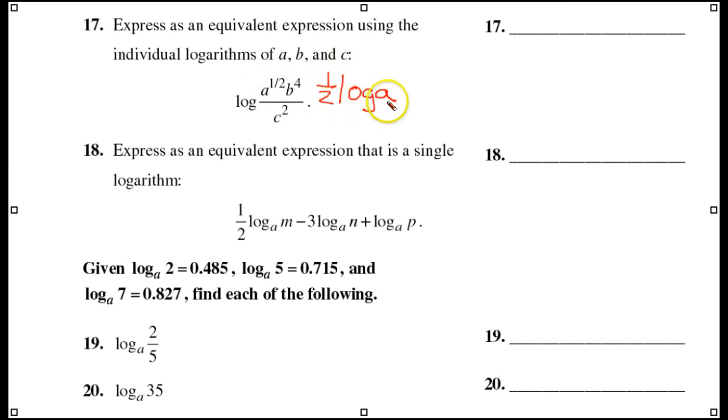So 1/2 log base A plus our exponent out in front, 4 log base B, and then minus 2 log base C.